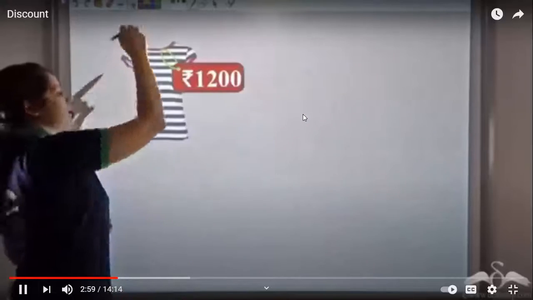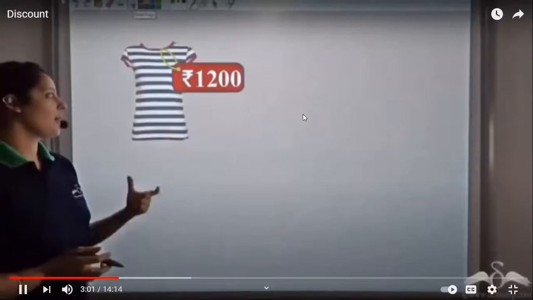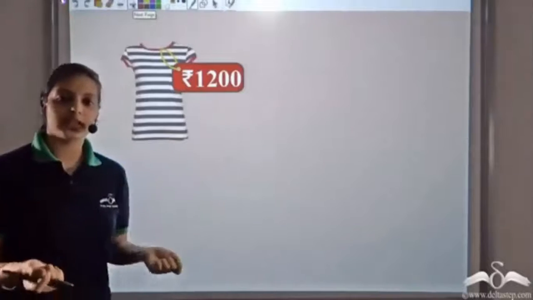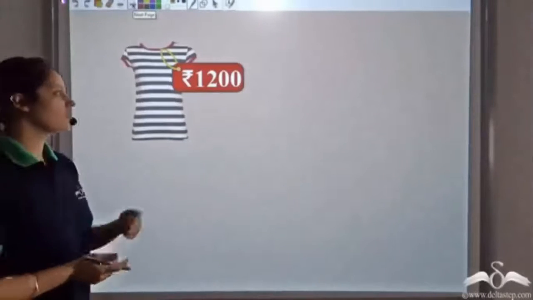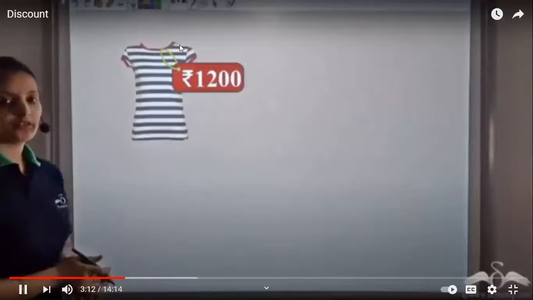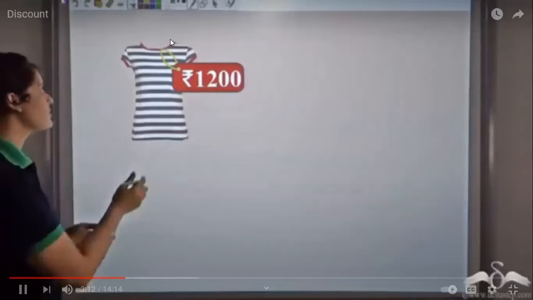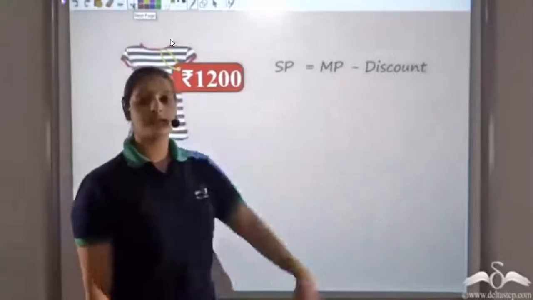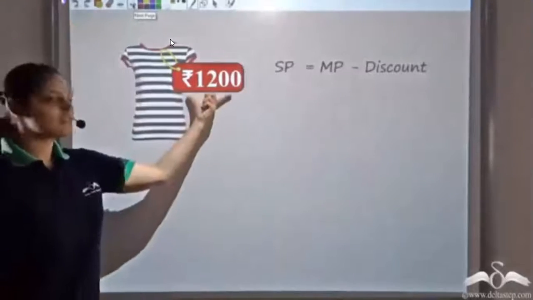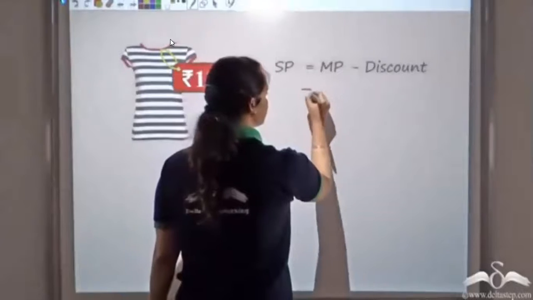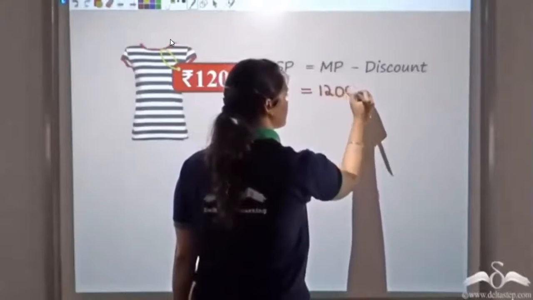Now there's one more customer that comes to the shop to buy this t-shirt. This t-shirt was for 1200 rupees. The customer again comes with the gift voucher which entitles the person to buy for 900 rupees free of cost. So selling price again would be marked price minus discount. The price listed on this garment is the marked price, which is 1200 rupees.